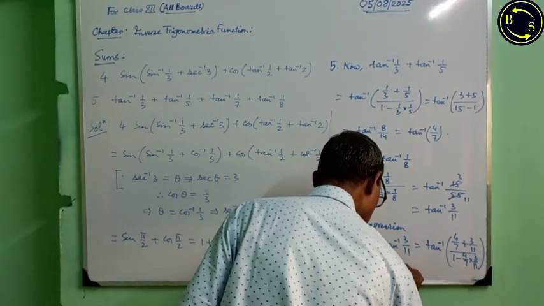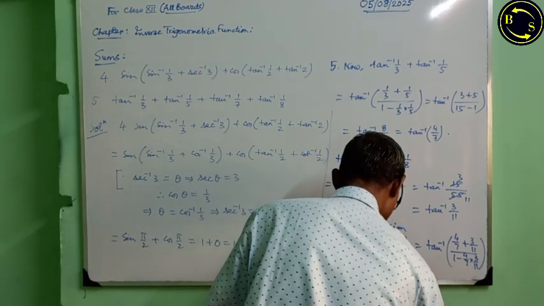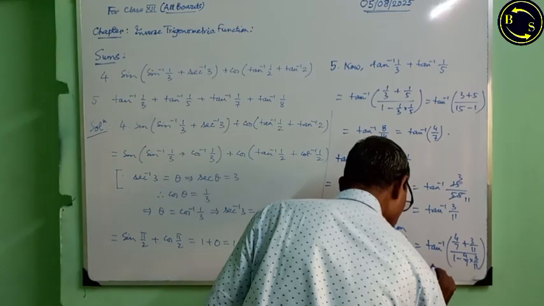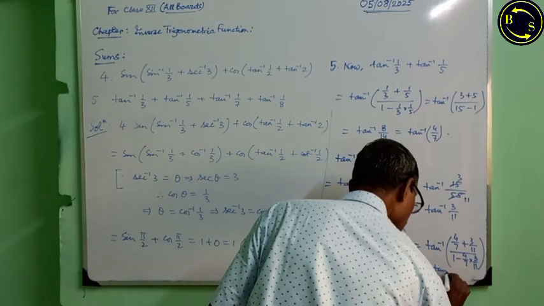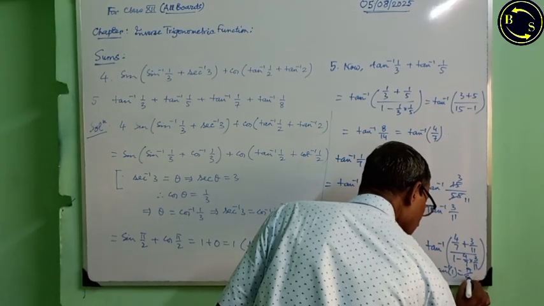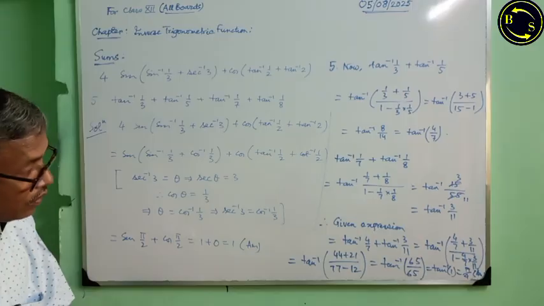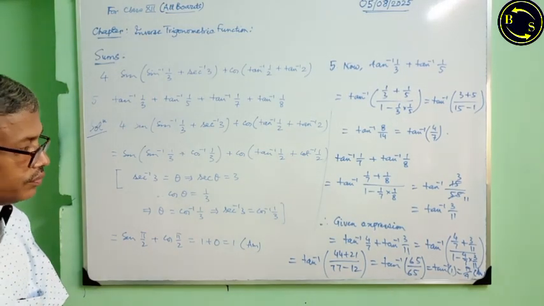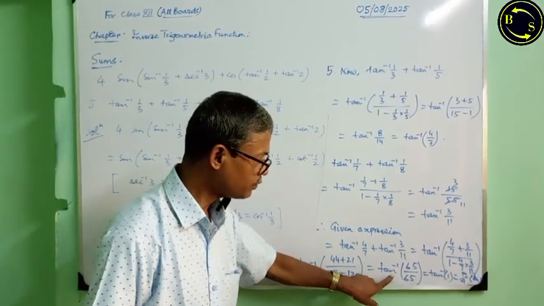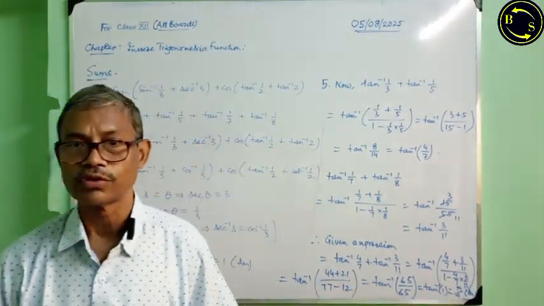Tan inverse of 65 by 65, that means tan inverse 1, that is equal to pi by 4.